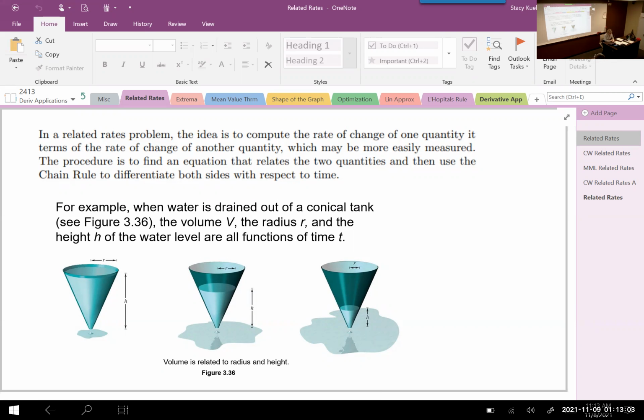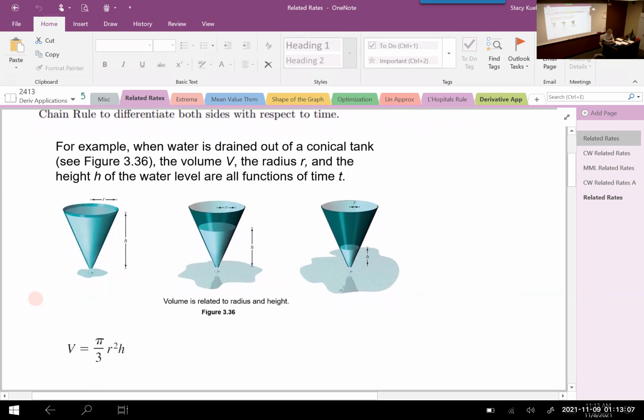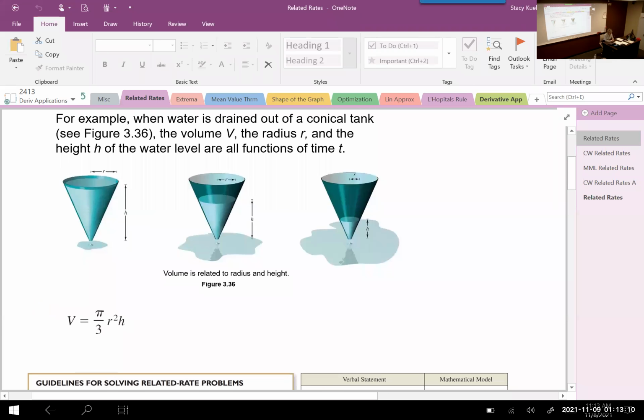So we do it using implicit differentiation and the chain rule and so forth, but an example of that looks something like this. So we want to know when water is draining out of a conical tank, the volume, the radius, and the height of the water level are all functions of time. Okay.